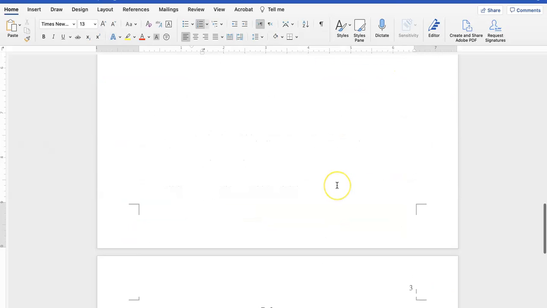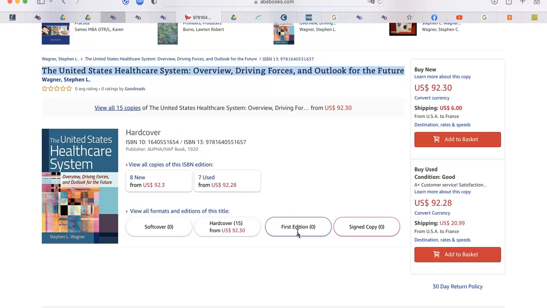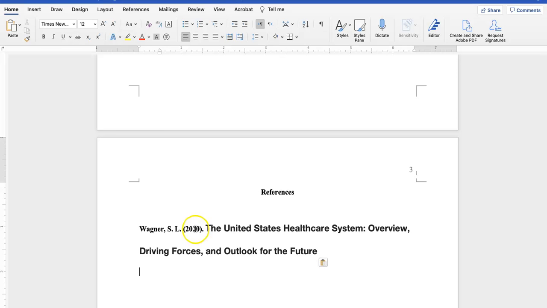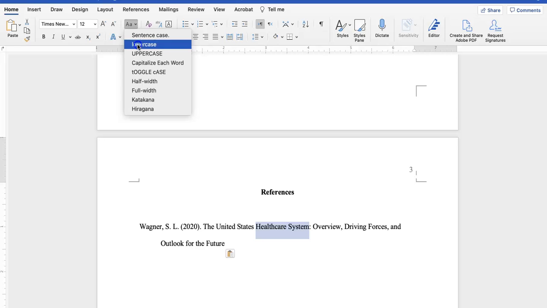So first thing here in our references list, let's make an entry, Wagner, and then that is S period L period, because we abbreviate the first and middle names as initials. 2020 is the year. And we're going to turn that to lowercase using this handy lowercase tool.